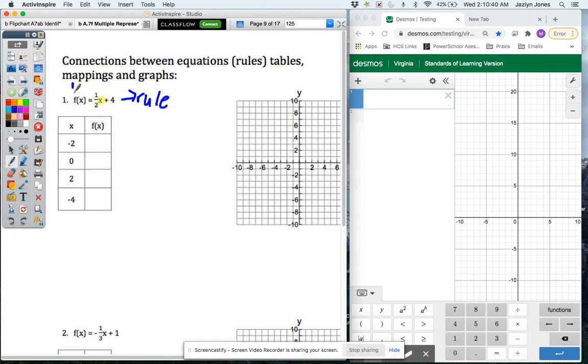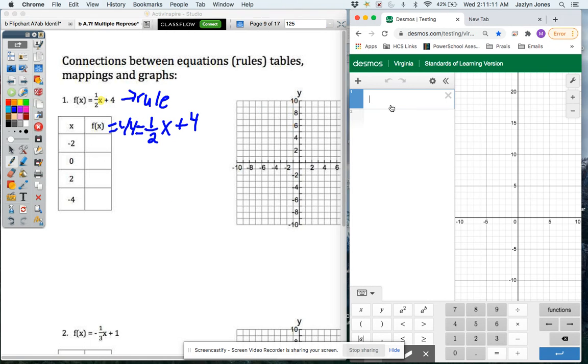This is the same thing as saying y is equal to 1/2 x plus 4, right? So we're trying to figure out what our ordered pairs are. We're trying to figure out what my f of x or y is, because we know it's a y.